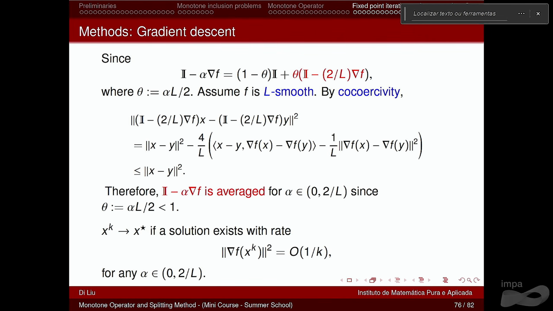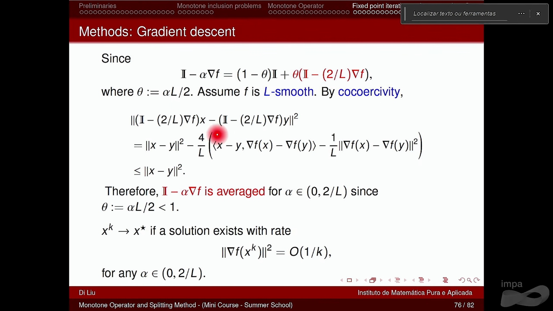First, we can see that the identity minus alpha grad f can be written as a convex combination involving the identity minus 2 over L grad f. If we assume f is L-smooth, then by coerciveness, because for the subgradient, as we discussed in the last class, for the gradient of a CCP function, L-smoothness is equivalent to coerciveness.